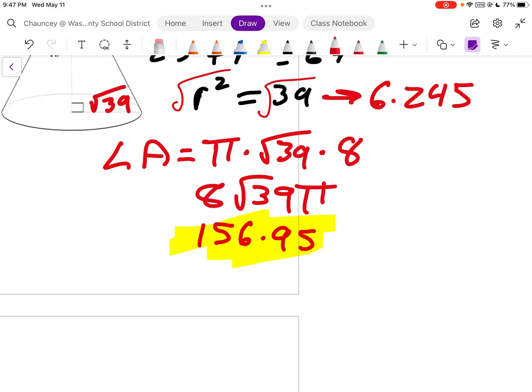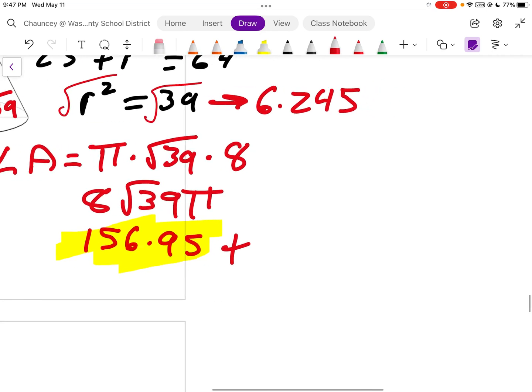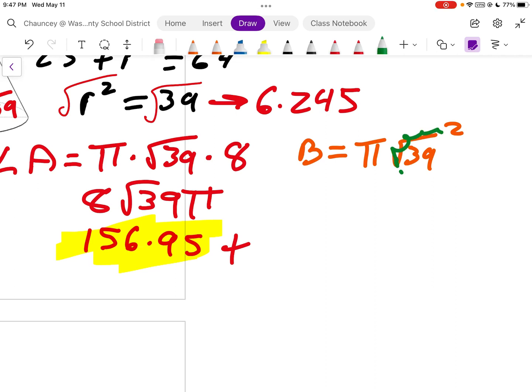And now you want to add that to your base, and your base is going to end up being pi times radius squared. So if you say pi times the radius squared, well, the square root just cancels this, so your base ends up being 39 pi. And if you end up doing that, you get 122. Let me double check that.